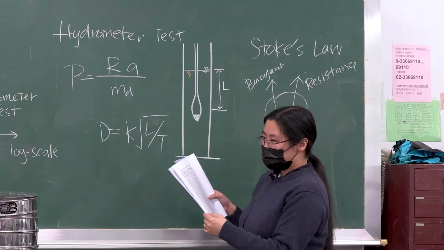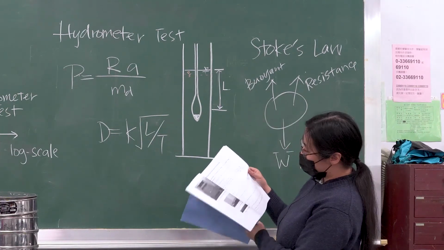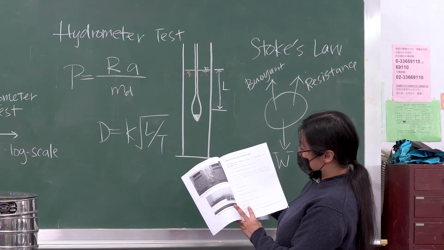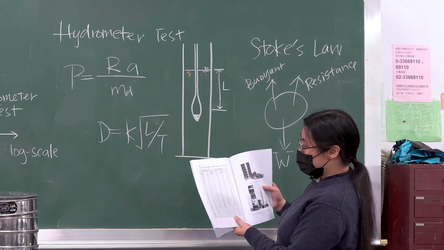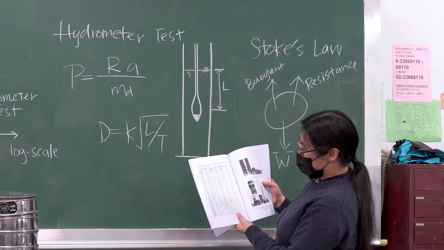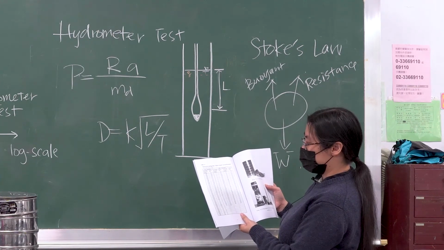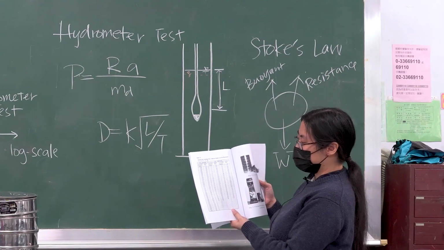In addition, for the hydrometer, if you look at page 9, you will see that the hydrometer we are going to use is model ASTM 152H. So on page 18, you should use the values for 152H rather than 151H, because a different correction would be needed if you use a different hydrometer model.